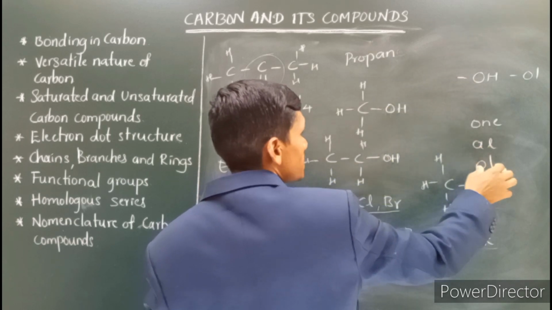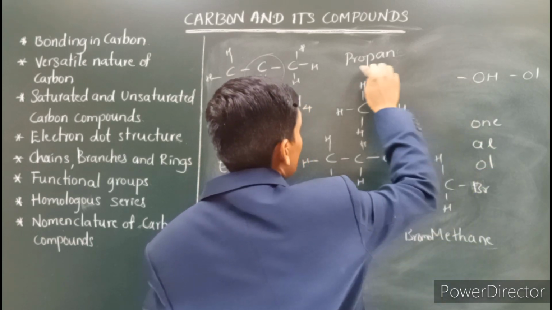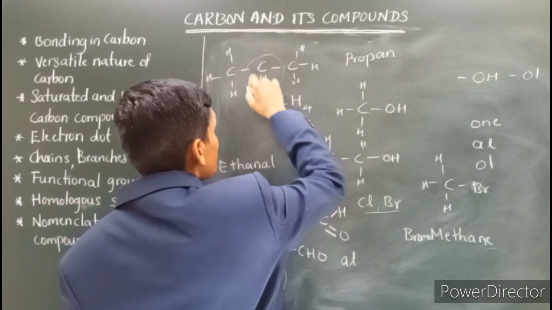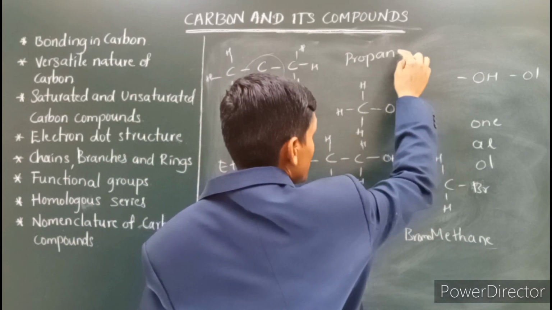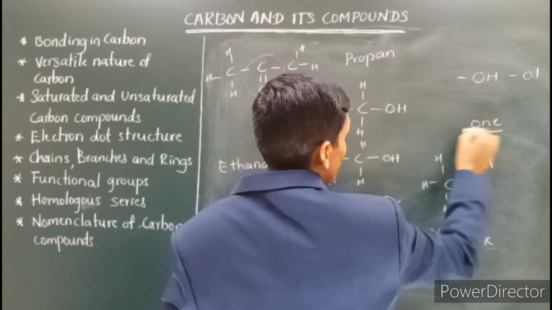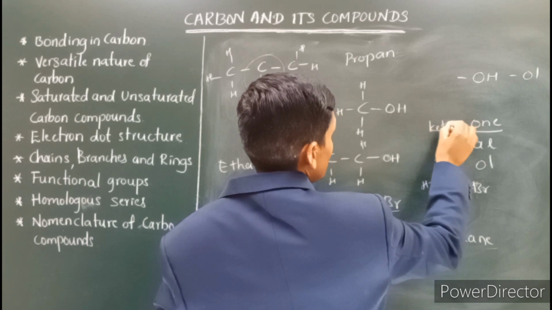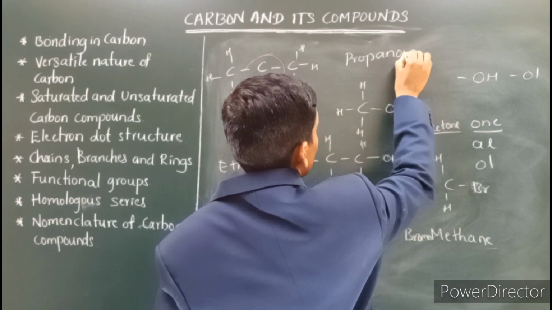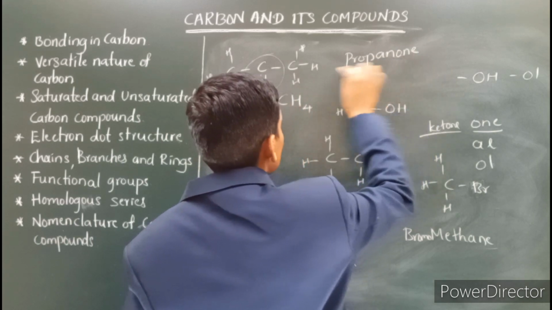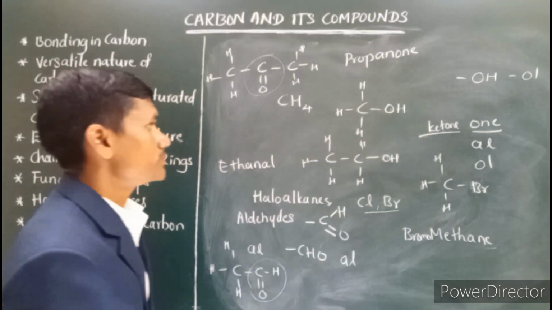This is a direct suffix. For example, here the ketone group is there. Because of that, propane, replacing e, one for ketone. You write in this place as one. Finished. Propanone. Now it is propanone.